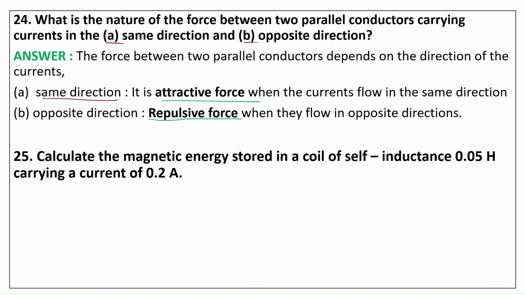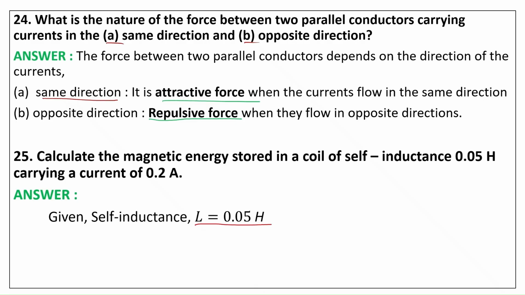Next. 25. Calculate the magnetic energy stored in a coil of self-inductance 0.05 Henry carrying a current of 0.2 ampere. Answer. Given is self-inductance L is equal to 0.05 Henry. Current I is equal to 0.2 ampere. To calculate the magnetic energy stored in a coil, use the formula U is equal to 1 by 2 L I square.